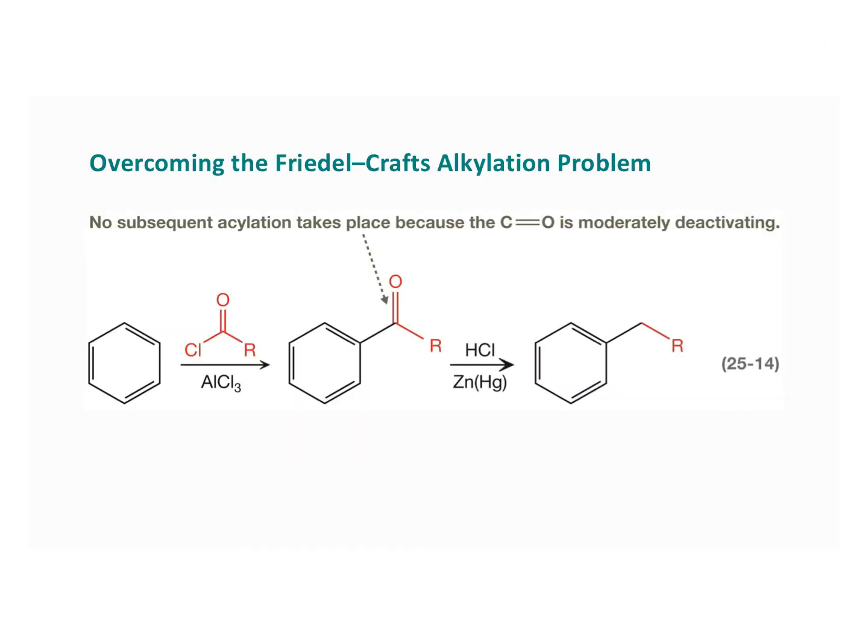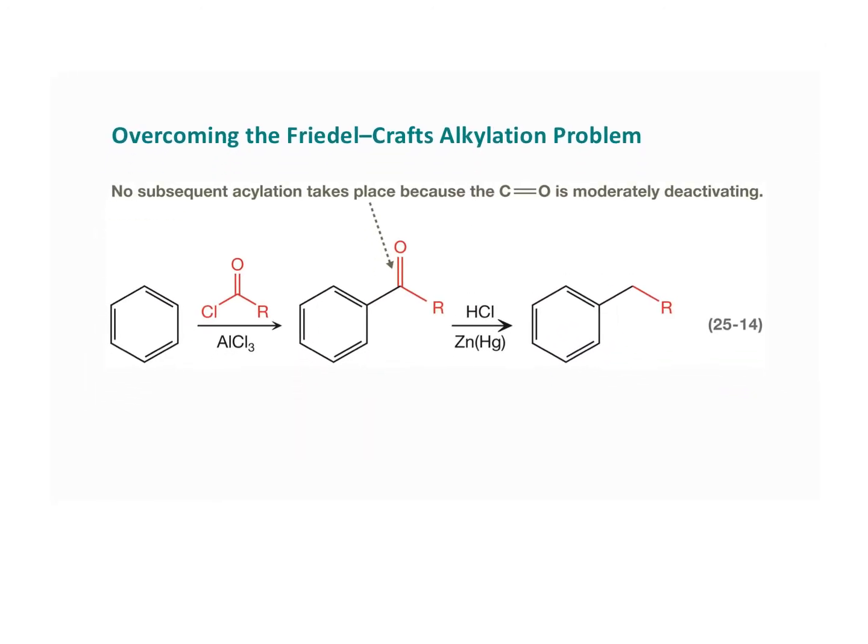Now, to avoid the polyalkylation, it's often better to add an alkyl group by first acylating the ring. So we can come in here and add a C=O. Then no subsequent acylations take place because that C=O is moderately deactivating.